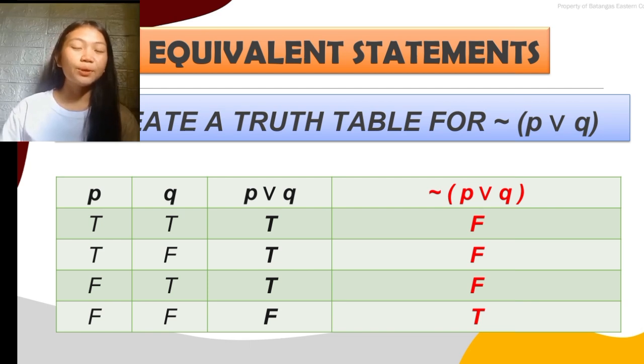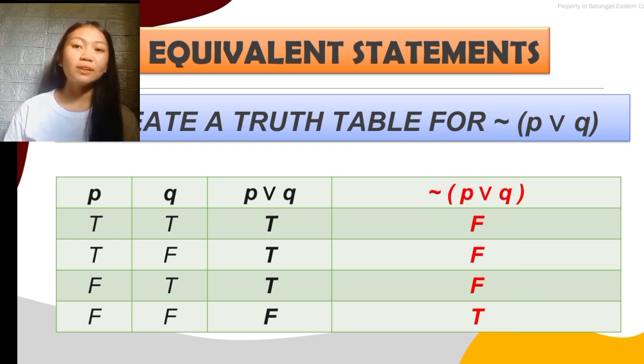So again, we're going to create a truth table for not (P or Q). Given the data P and Q, we create another column for P or Q. To get the answer of P or Q, we base on the columns of P and Q. When P or Q has a true in one simple statement, the compound is true.